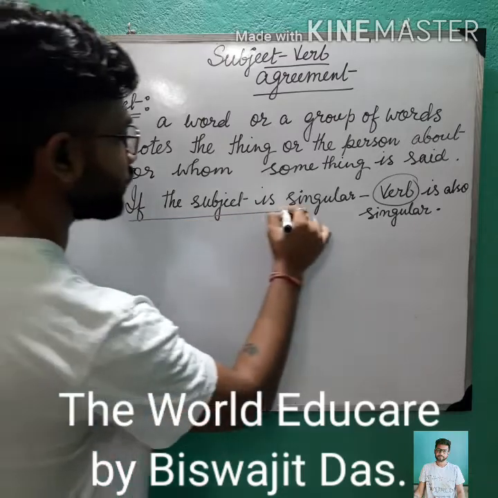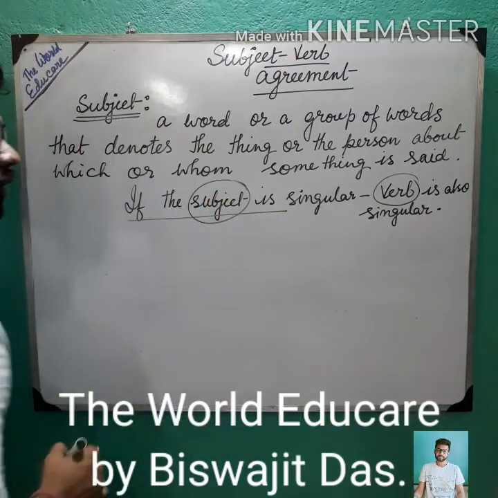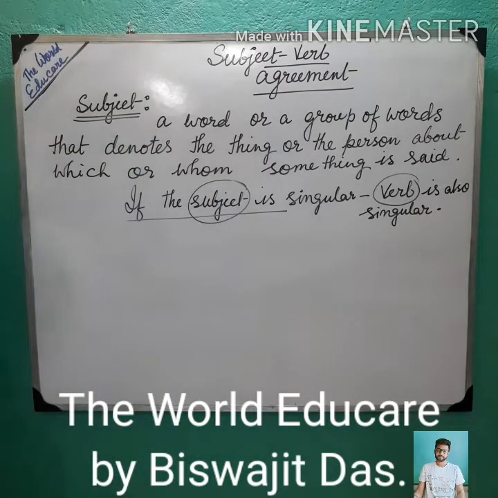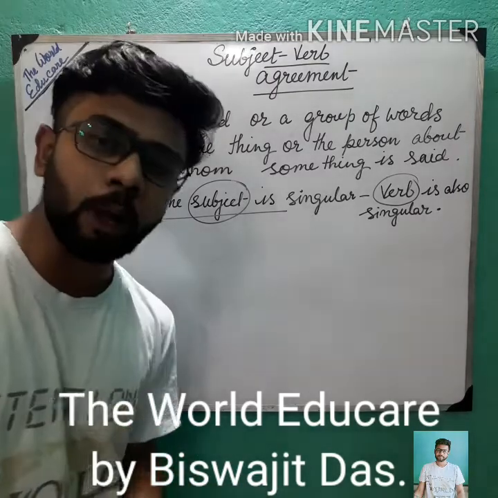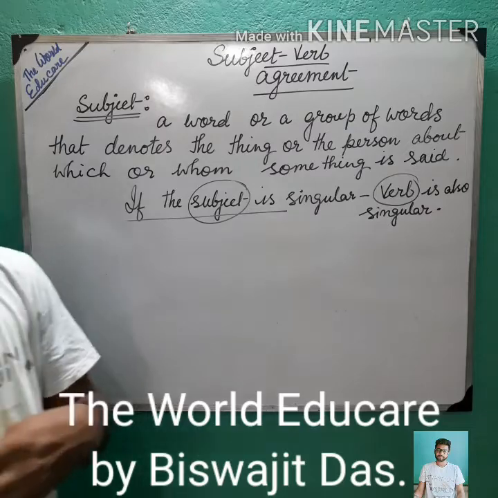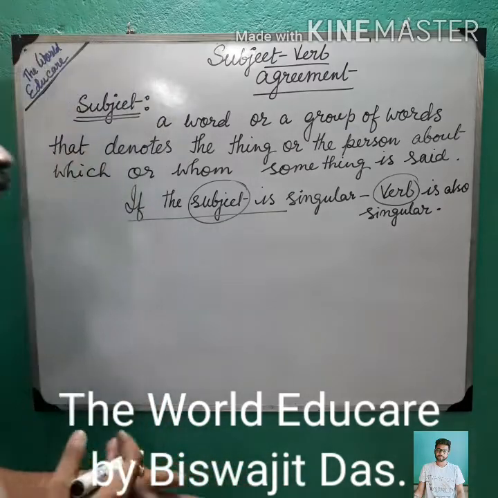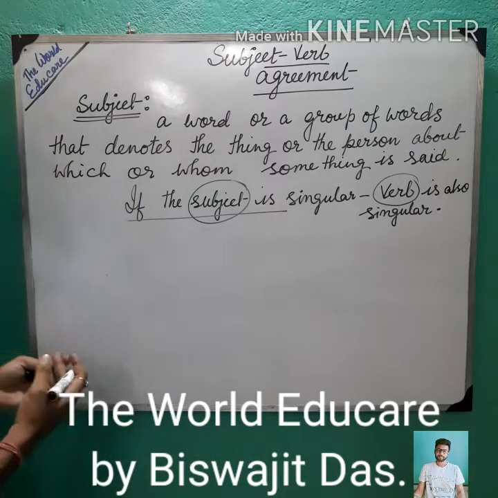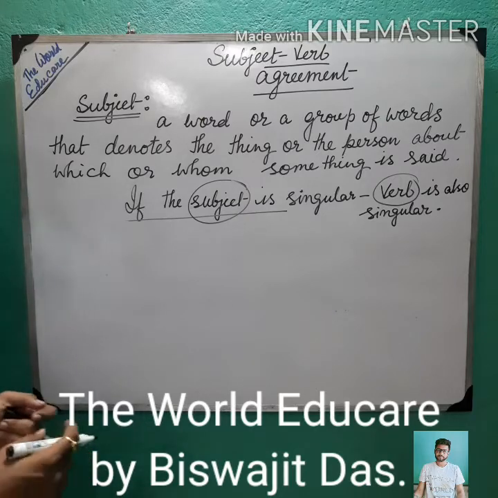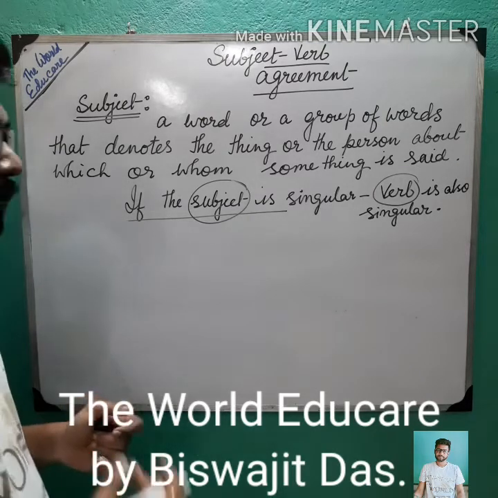But the subject, how subject can be considered as singular or plural? We know that we have different ideas how a noun can be changed into a singular to plural, and how some pronouns also can be changed into singular to plural.